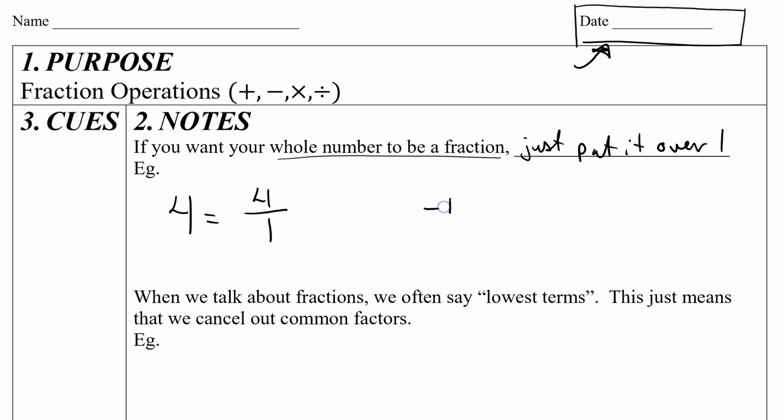Or if I would say negative 12, that's the same thing as negative 12 over 1, which is the same thing as negative out in front, 12 over 1, which is the same thing as 12 over negative 1. But I digress. All you need to do is put a 1 underneath that number. 1 is the denominator, and you have yourself a fraction.